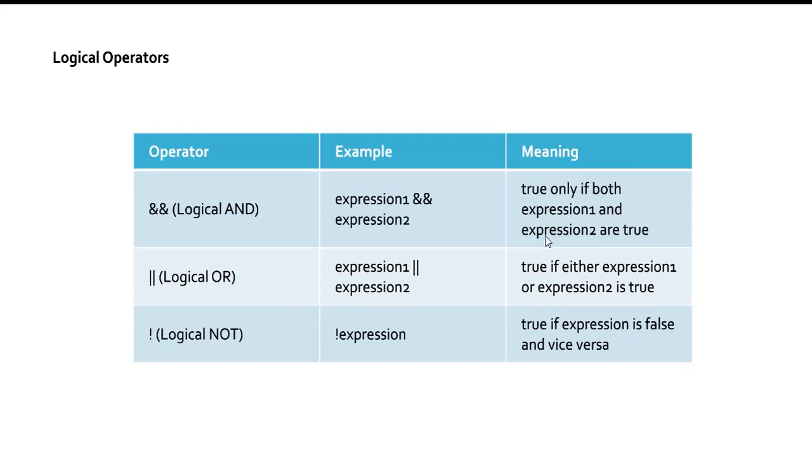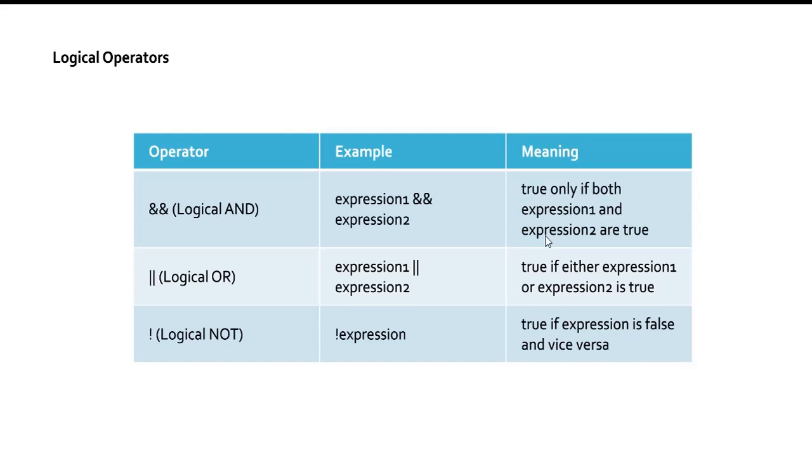For example, it is basically a combination of relational operator and logical operator. Let's say A is greater than B and B is less than A. This is a condition. If both of these conditions are satisfied, then only it prints the value true, otherwise it prints false.